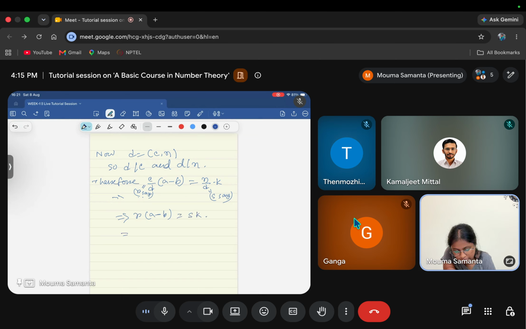GCD of r, s is 1, so s divides a minus b. And what is s? s equals n by d.